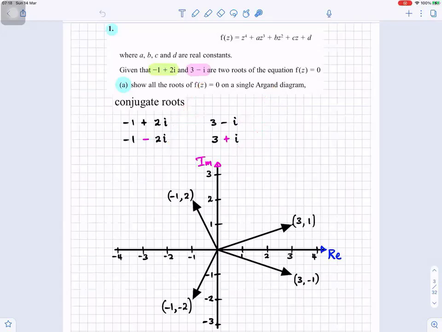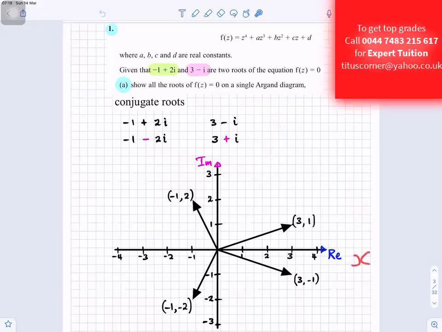It says show all the roots on a single Argand diagram. This is an Argand diagram. You have the real part, which is like what we used to have as the x-axis, and the imaginary part, which is like the y-axis. So we have -1, 2.